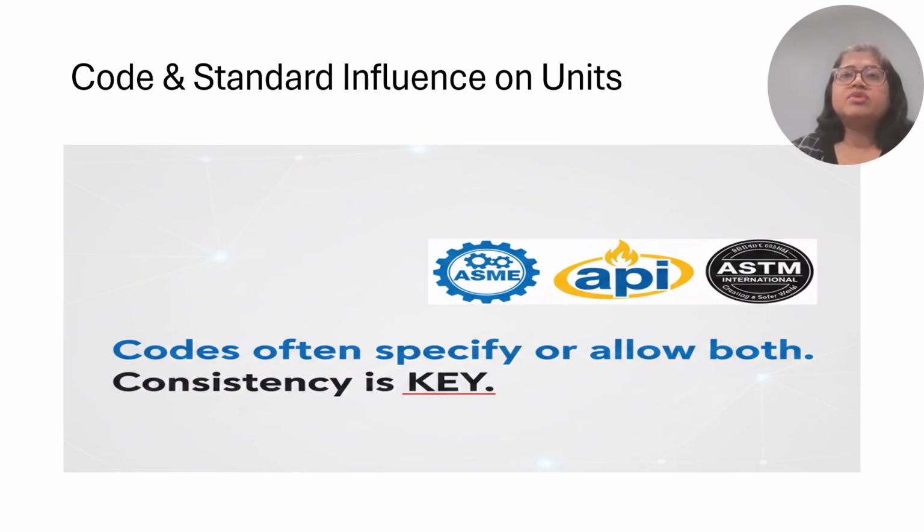For example, when you refer to material properties in ASTM standards, ensure you are extracting data consistent with your project unit system. So it is advisable to clarify the project's default unit system at the very beginning. This is usually specified in the project design basis or project specification.